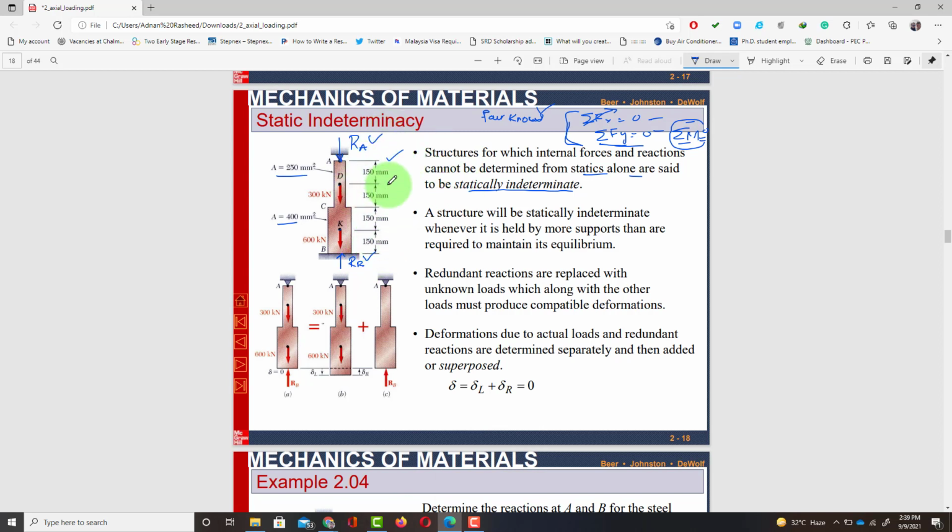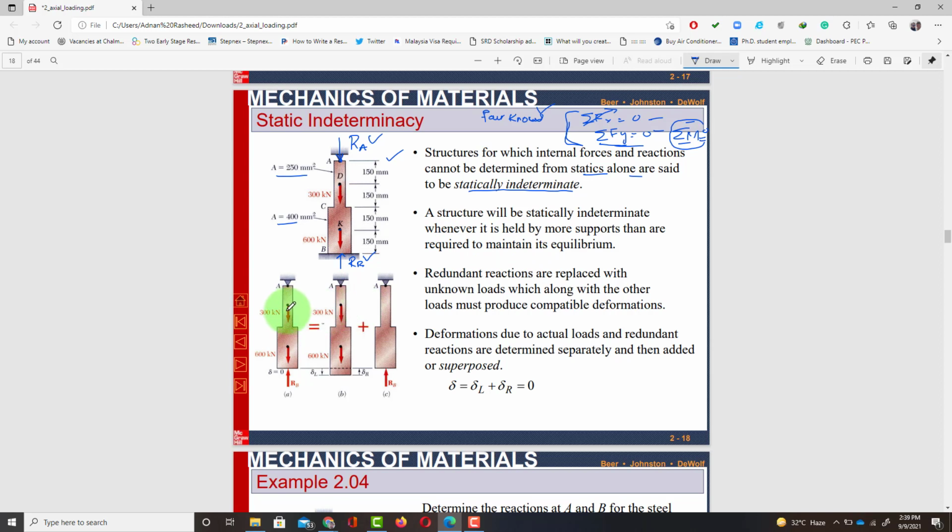So you cannot solve this problem by using the equilibrium condition. So this type of problem is known as statics indeterminacy. So we will solve it by using a method that will be explained now.